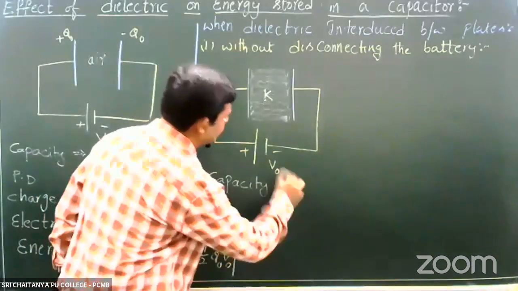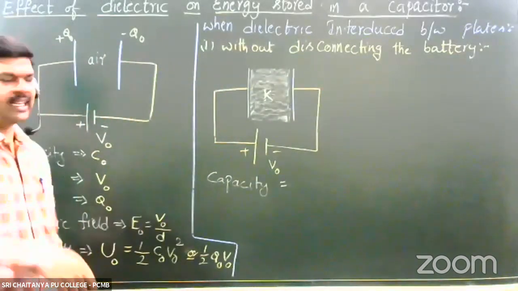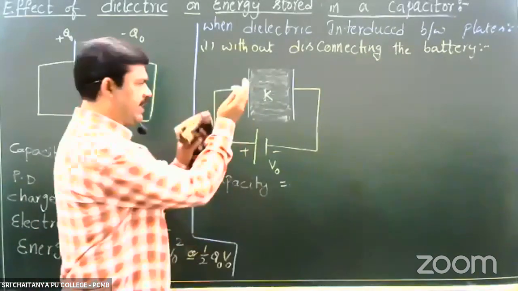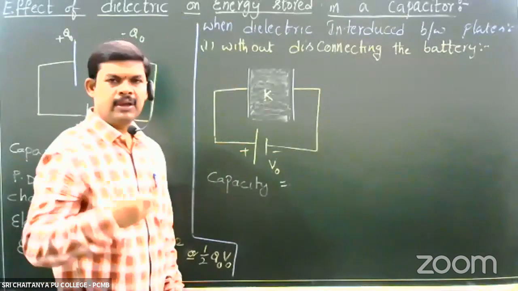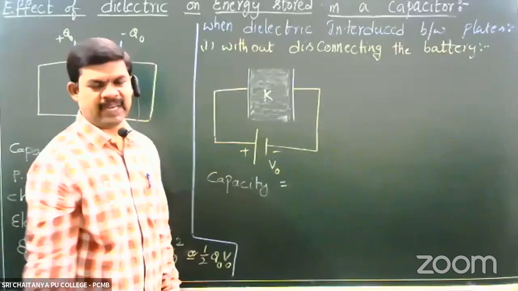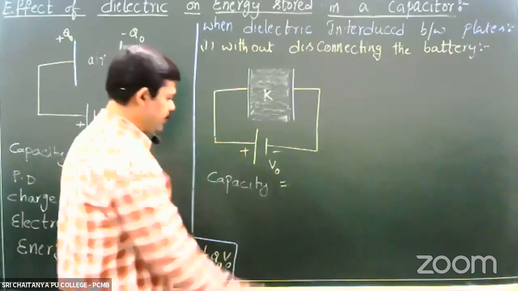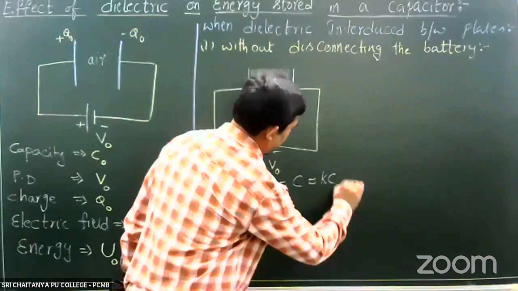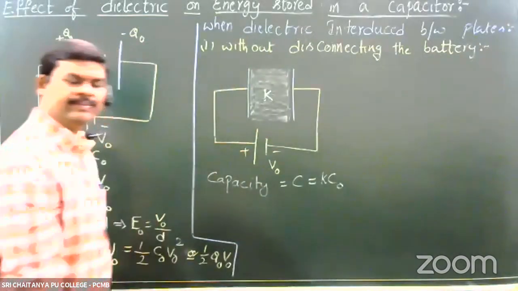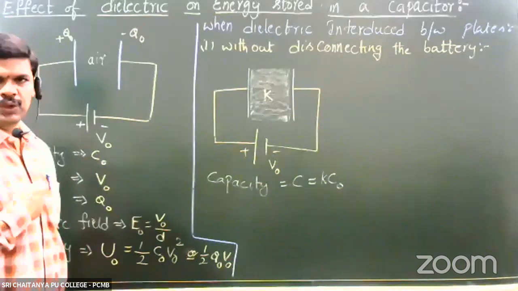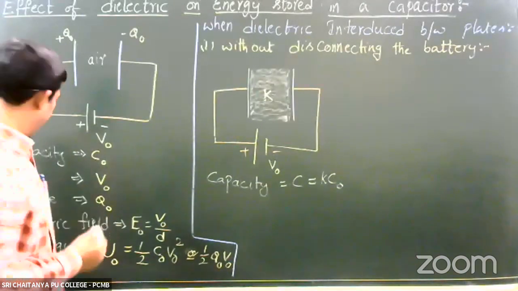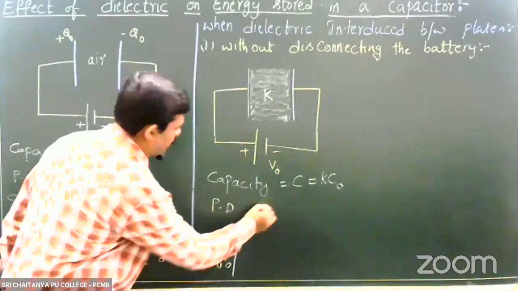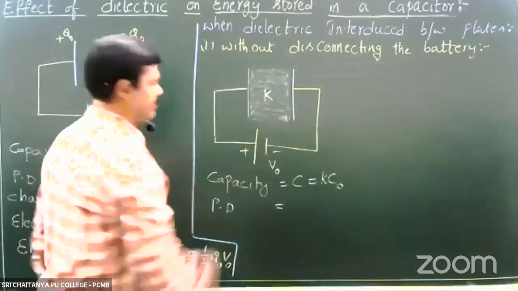We know when a dielectric slab of dielectric constant K is introduced, capacity increases by K times, that we know. So here I am taking capacity as C equal to K C0, that is known to us well. Next, what happens to potential difference between the plates?